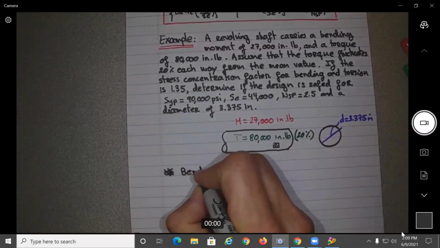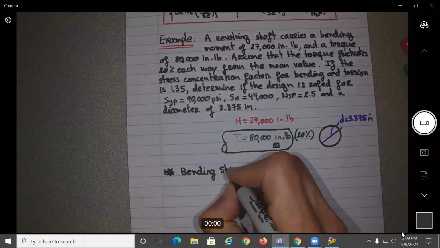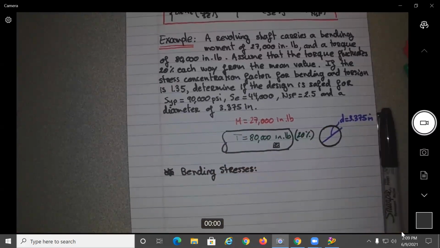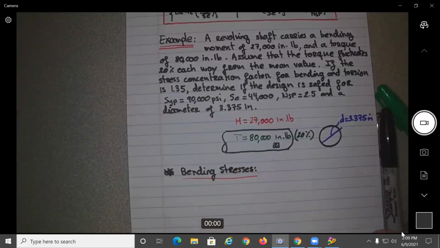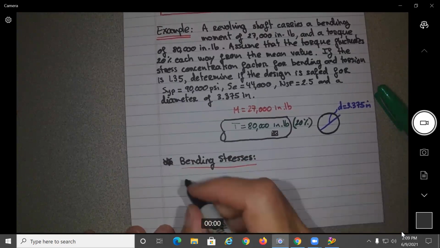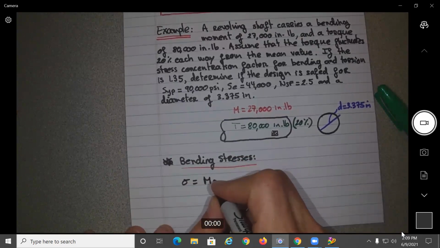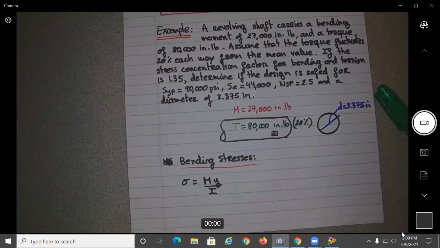It would be easier. So what should be the equation? Should be sigma equal to M y over I. Oh, maybe I should have solved for the I over here.